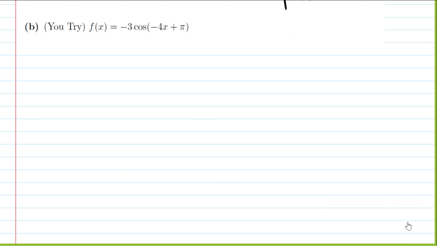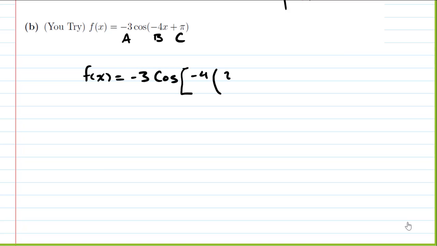All right, so we identify our values a, b, and c. If we factor out our -4, we get f of x is -3 times the cosine of -4 times x minus pi over 4.